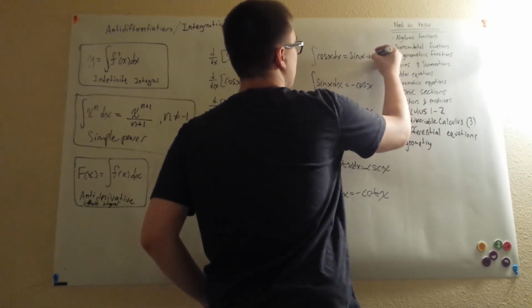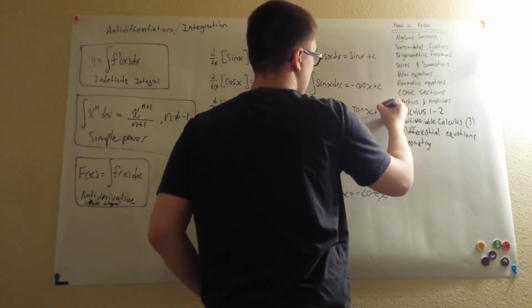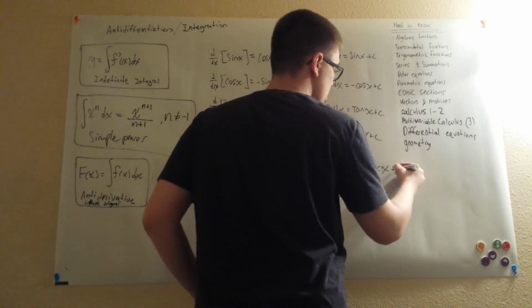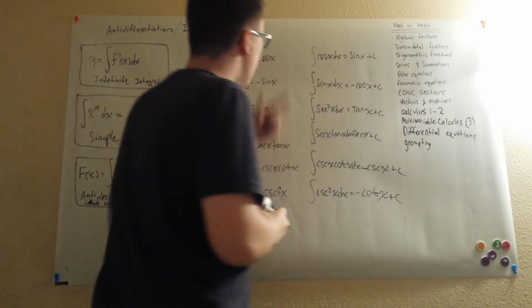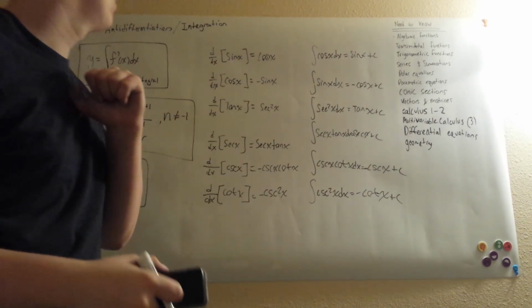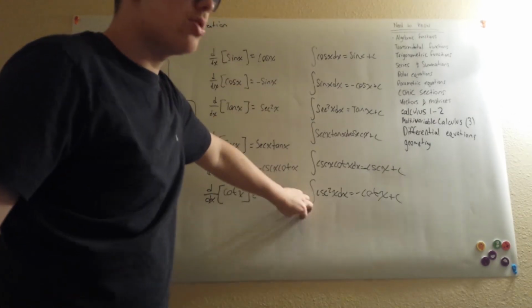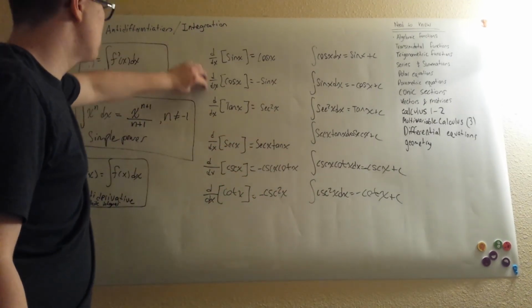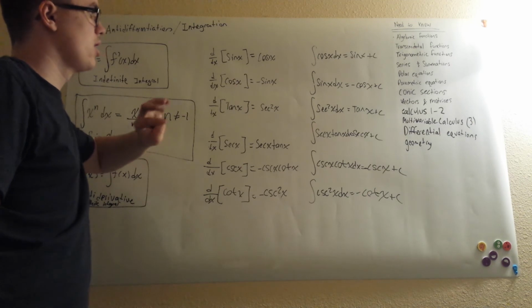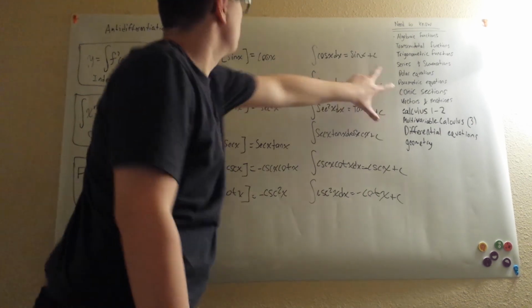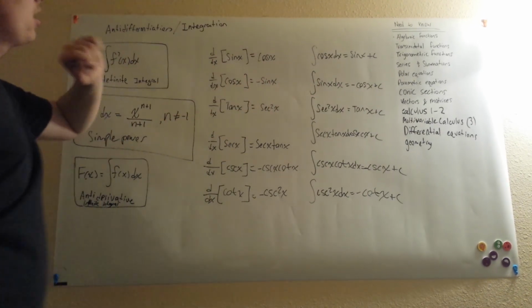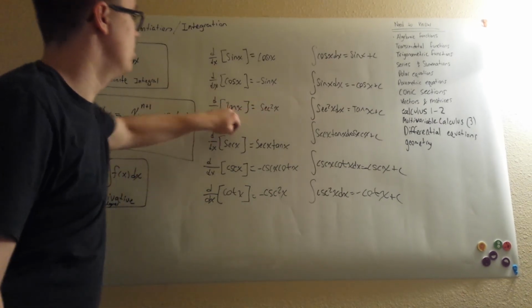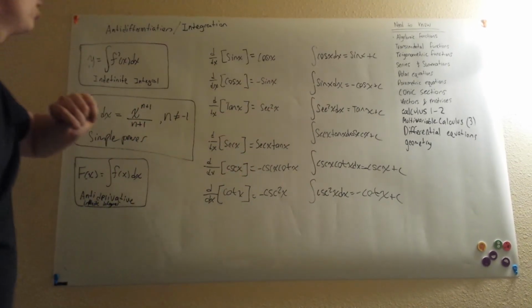And we have to put our constants in here, plus c. So that's your basic trig integrals. That's all the trig integrals that you have to memorize, and these are all the trig derivatives. Remember, you're just undoing the process. Integration undoes differentiation.